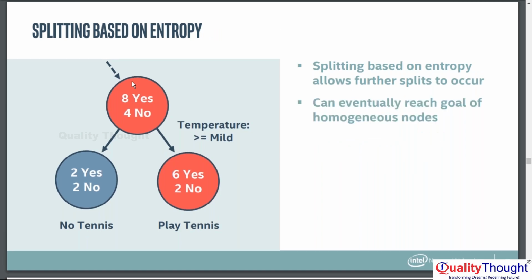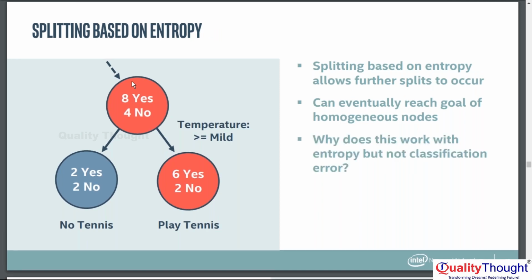So here what is happening, you are trying to reach the goal. Why? Because we always try to get only one single value at the end of the nodes. So here the entropy is going to give us some sort of classification error, which is showing us something that you can still derive from the existing one.